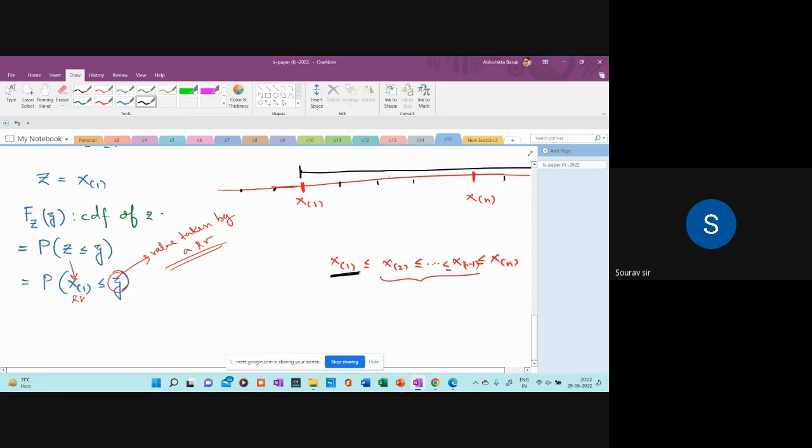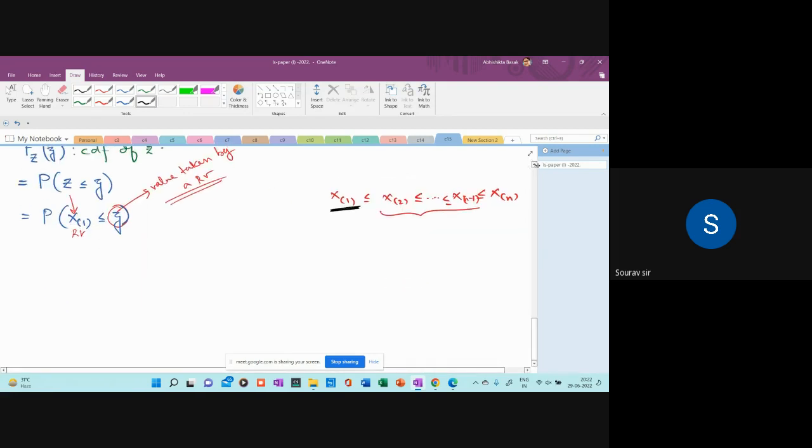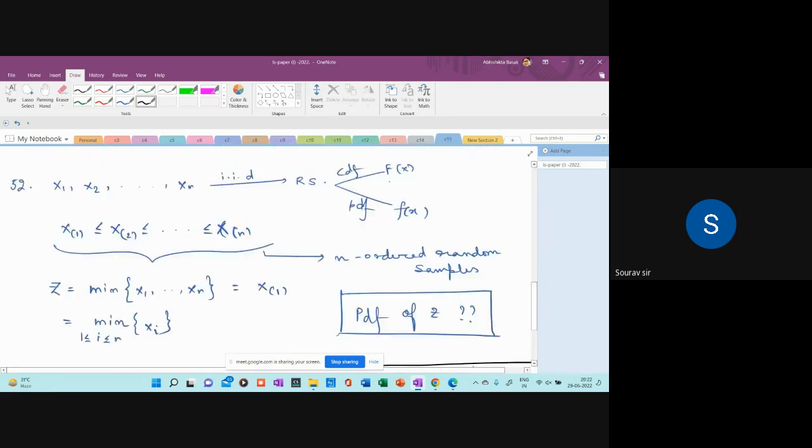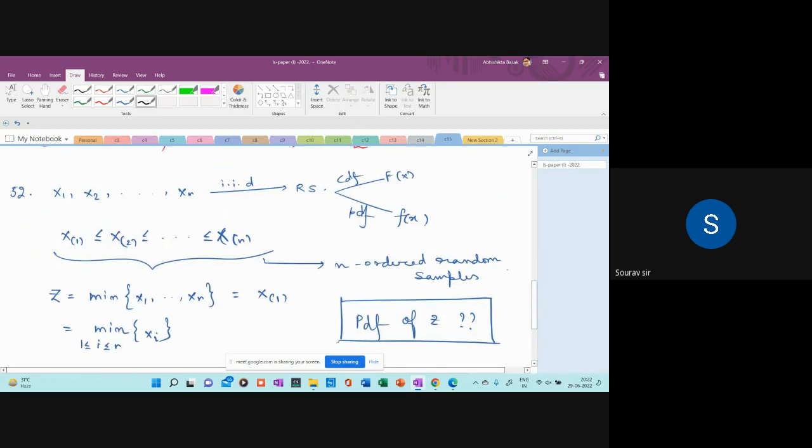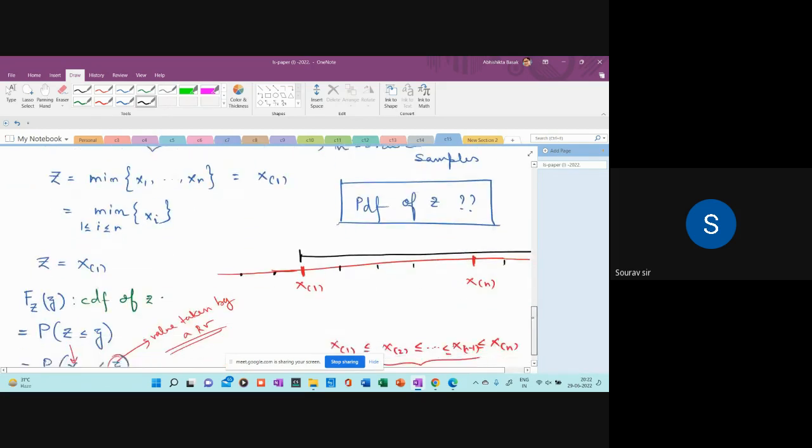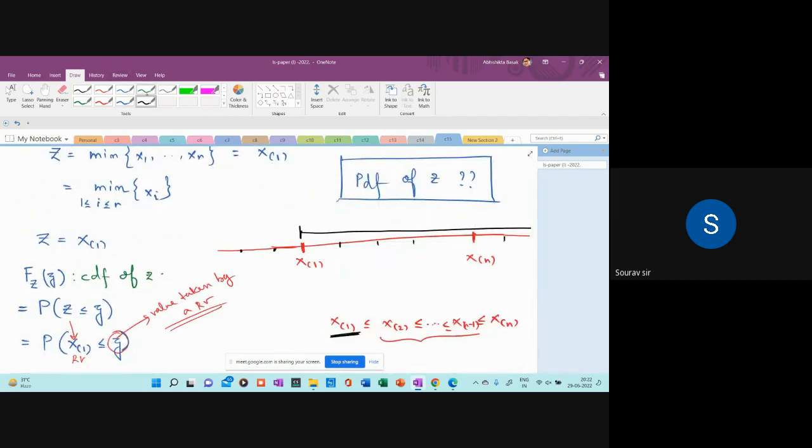It may be between X_(1) and X_(n), and may be greater than X_(n) as well. So we can't detect its exact position. If it were less than X_(1), then we could have detected the position very easily, that is, in this green zone.